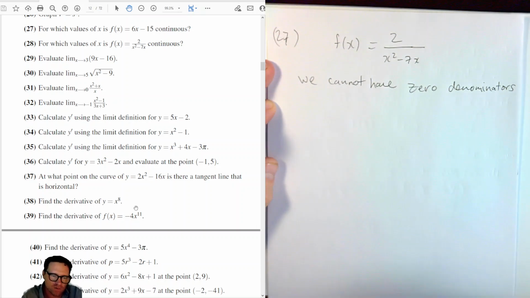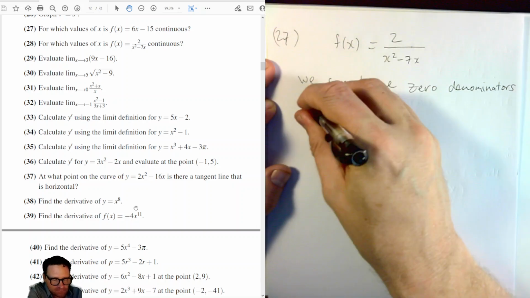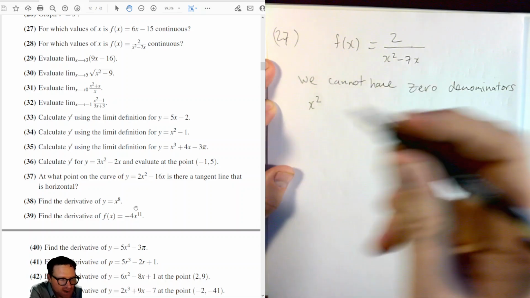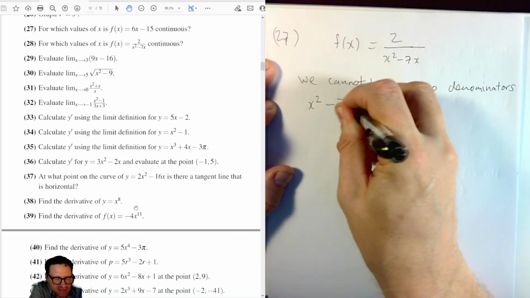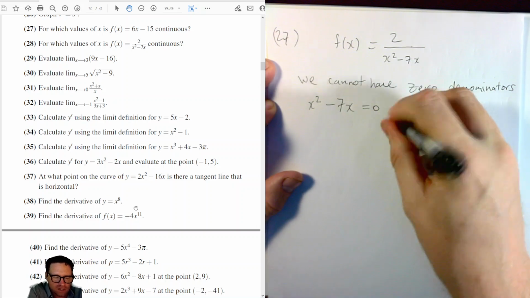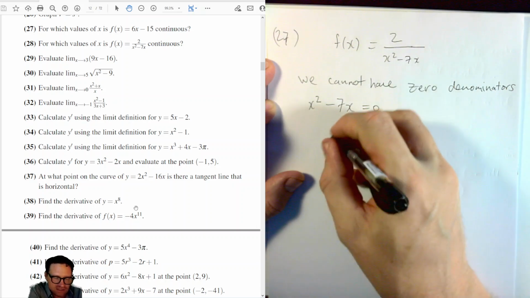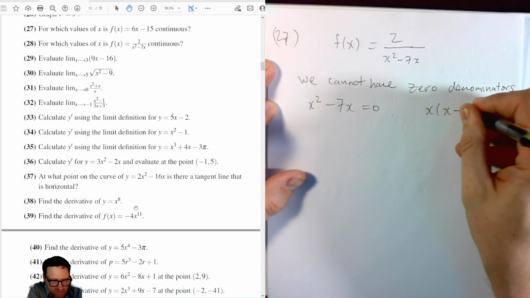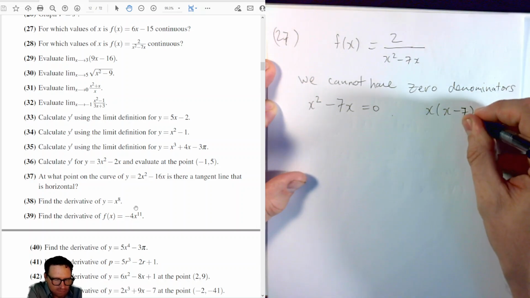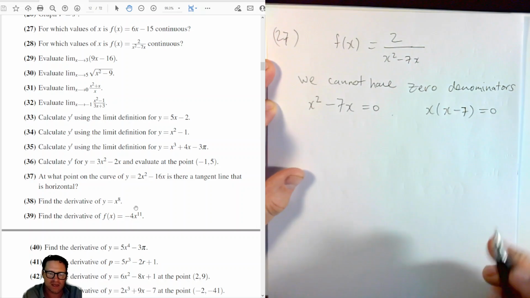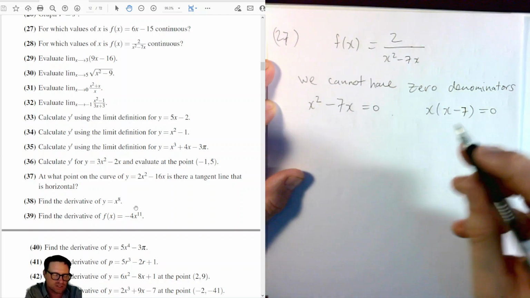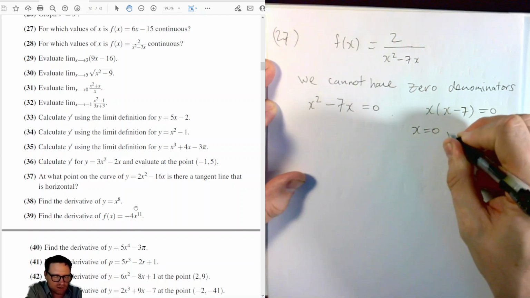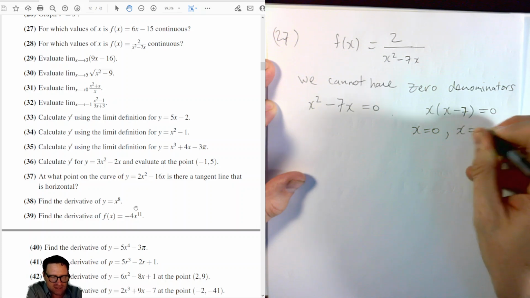Okay, and so when do we get zero denominators? Whenever x squared minus 7x is equal to 0. Okay, we can factorize this, and when we factorize that, we can pull an x out, and what remains is x minus 7. Okay, and so this has two solutions, x equals 0 or x is equal to 7.